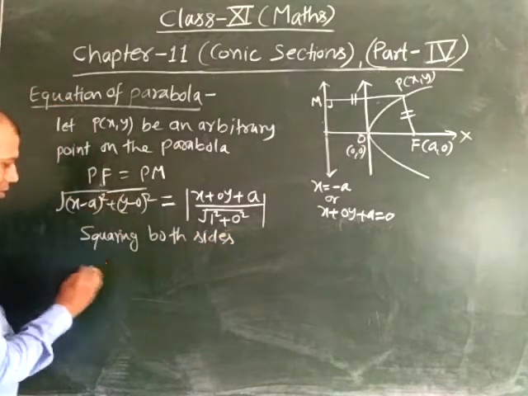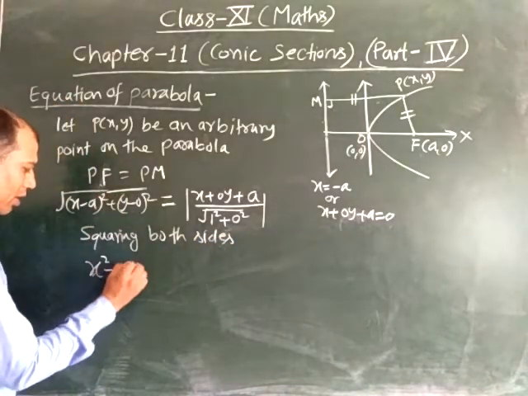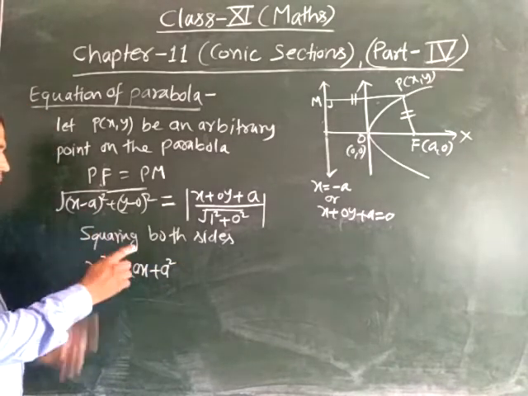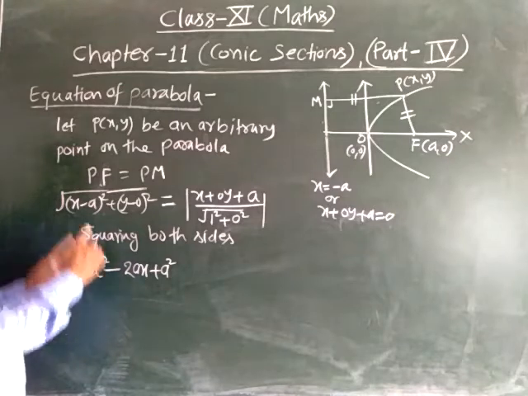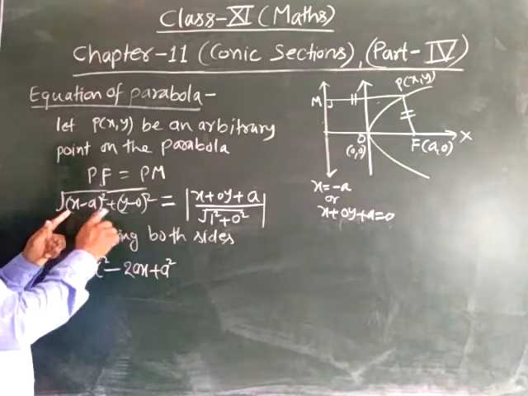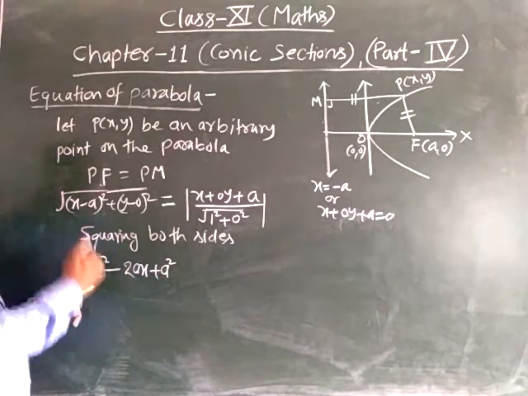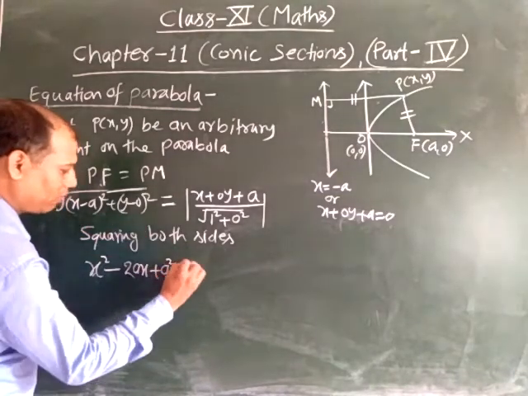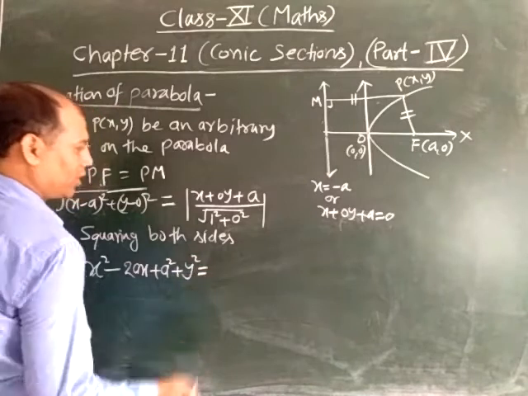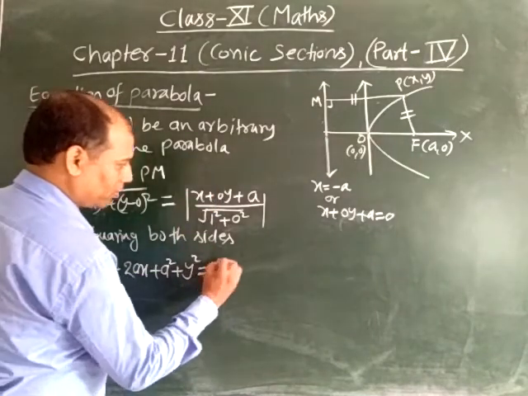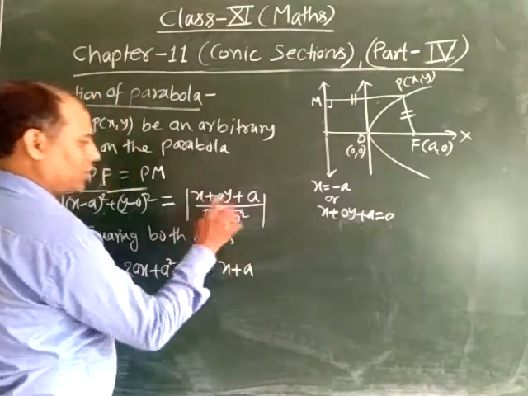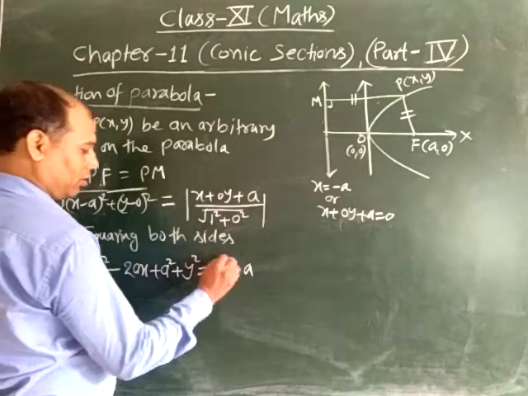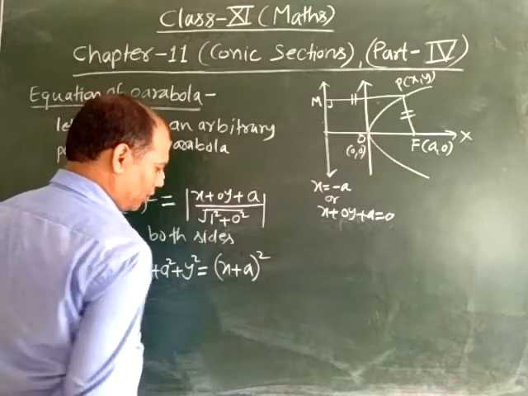then we get x square minus 2ax plus a square, opening this square using the formula (a minus b) square equal to a square minus 2ab plus b square. Now y minus 0 is equal to y, so this becomes y square. This is equal to (x plus a) square, since the denominator value is 1.